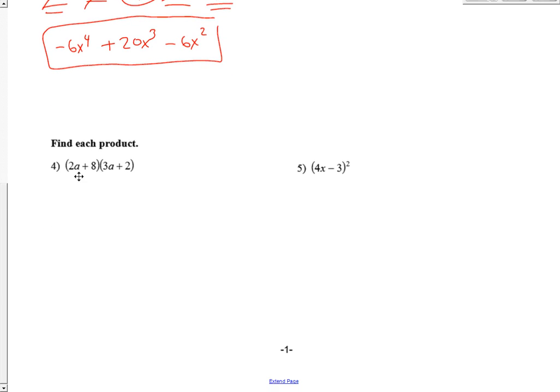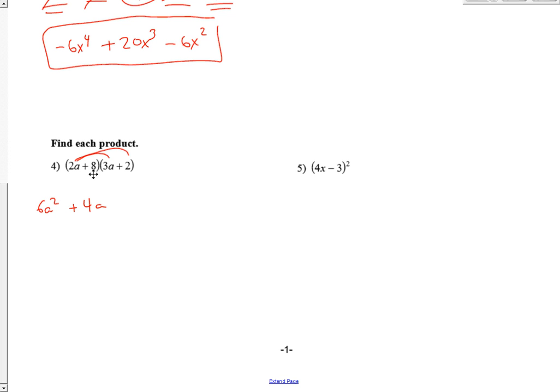Okay, to find the product here, I have two binomials. I need to either do box method or distribution of terms. So I do 2a times 3a, which is 6a squared. I now do 2a times 2, which is positive 4a.